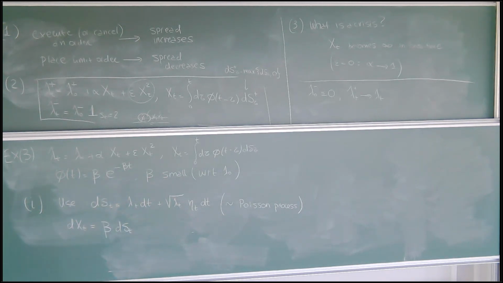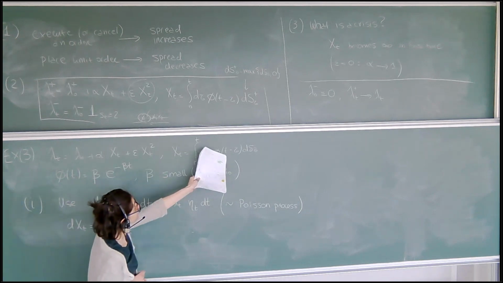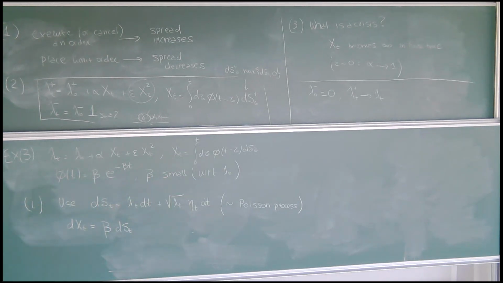Then I have a second contribution, which comes from deriving inside the integral. I have to take the derivative of the kernel, and this brings down a factor of minus β.